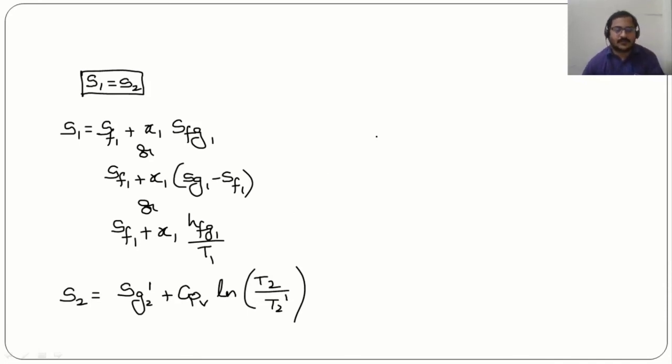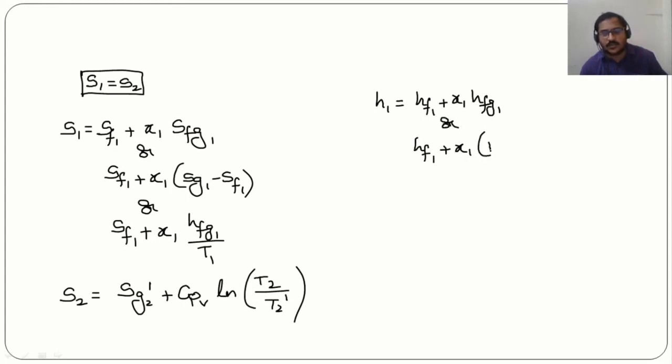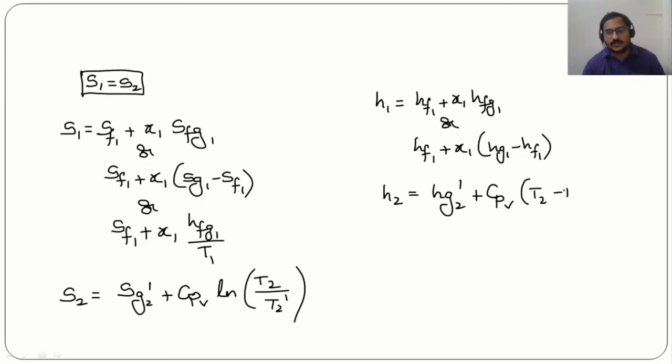Then H1 is equal to HF1 plus X1 into HFG1, or HF1 plus X1 into HG1 minus HF1. Then H2 is equal to Hg2 dash plus CPV into T2 minus T2 dash.